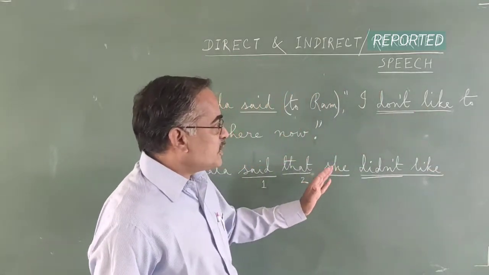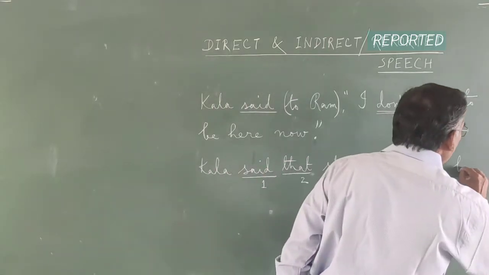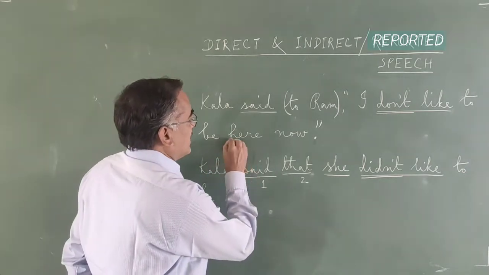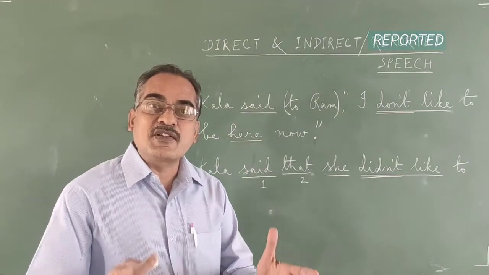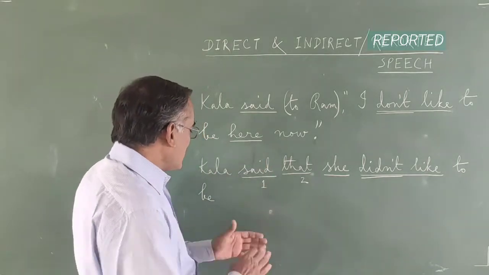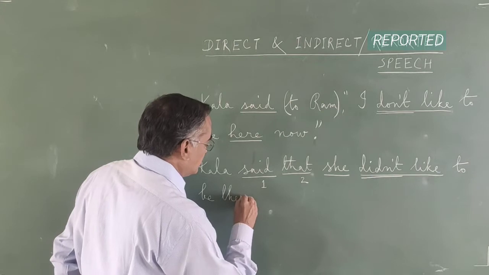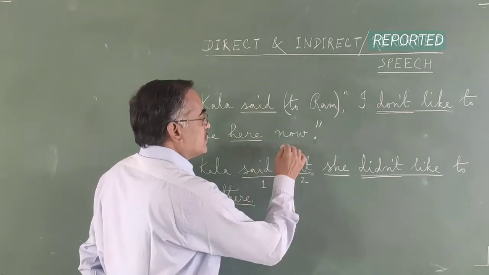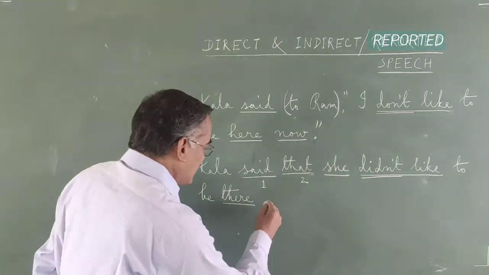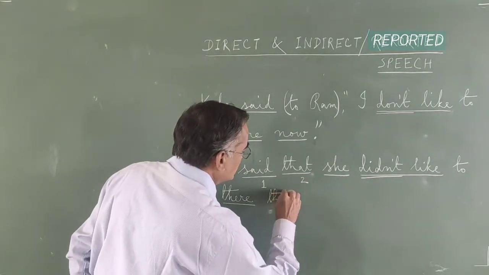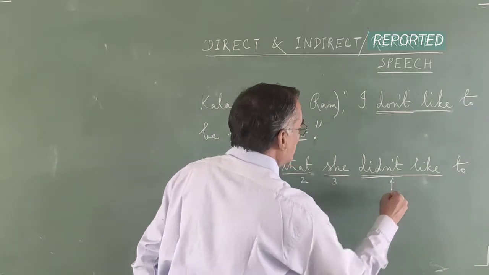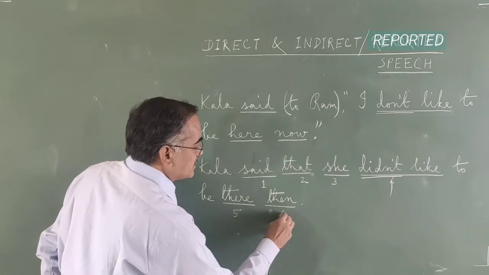She didn't like to be here. I told you the word referring to a place or time. So here will be changed into there. And similarly now refers to that particular time, that will be changed into then here. So these are the changes here, 3 and 4, 5 and 6.